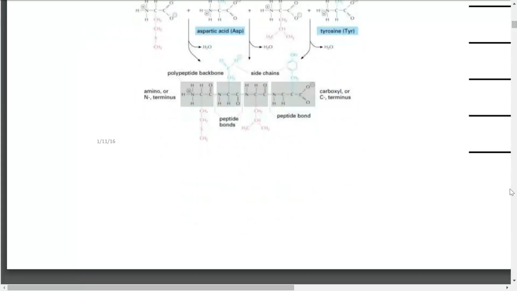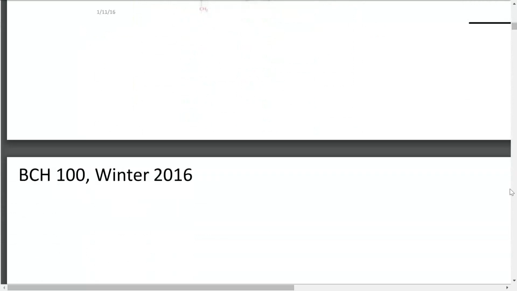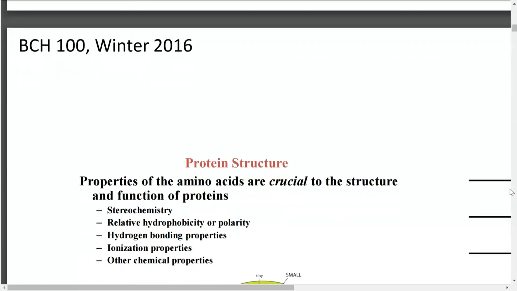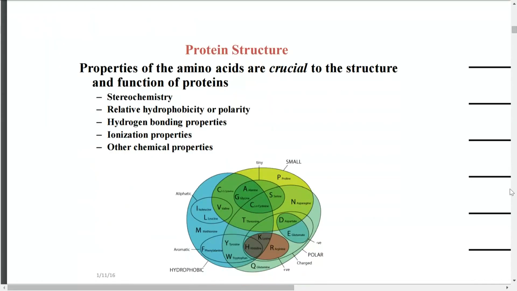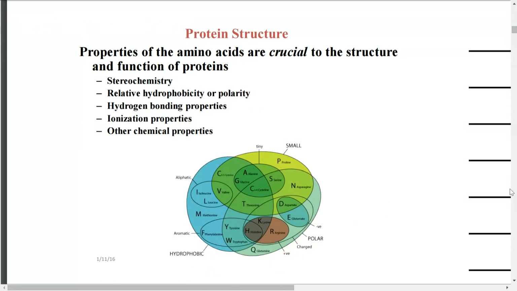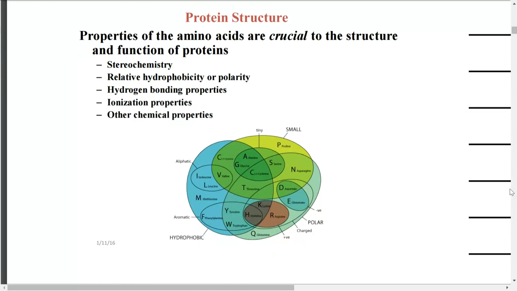And when we talk about amino acids and how we should study them, if we look at an overall diagram, here are the single letter codes of all the amino acids.